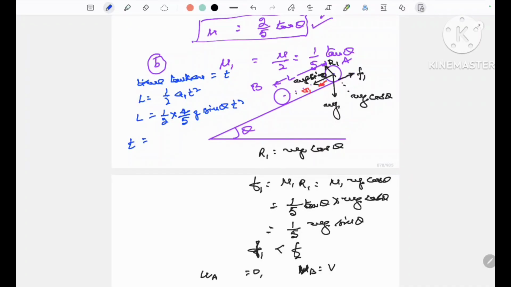So t will be the square root of 5L by 2 g sin theta.